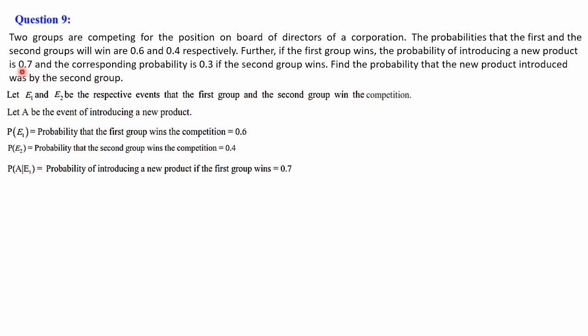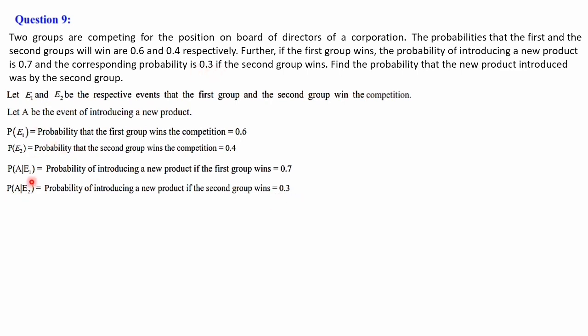It is mentioned here. Next probability is 0.3, that is the probability of A given E2. That is very important. P of A given E2 means introducing a new product given that the second group wins. So the probability of A given E2 is 0.3.